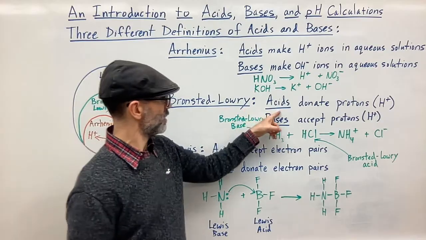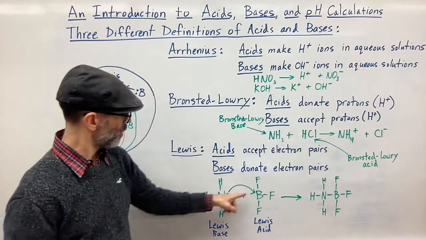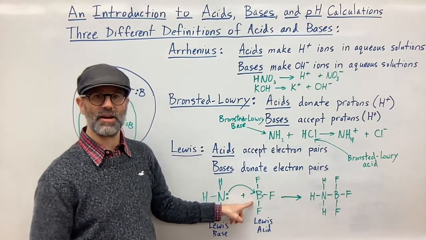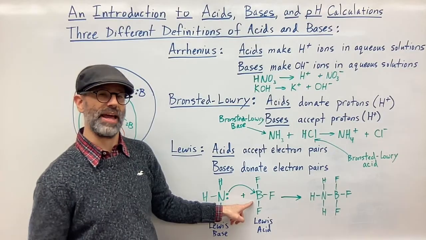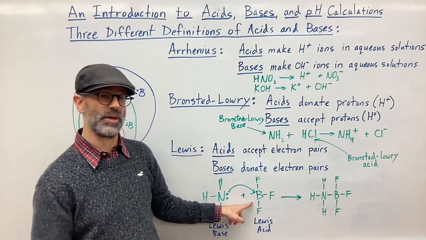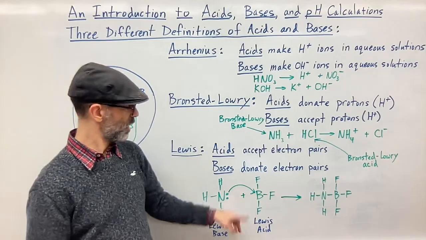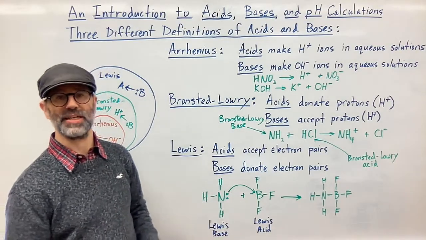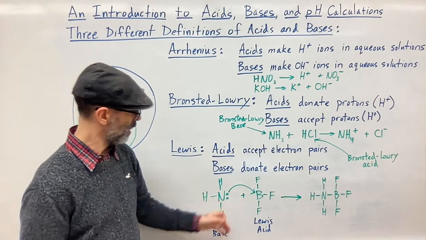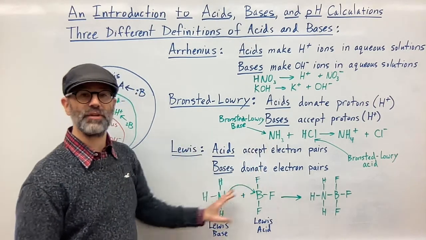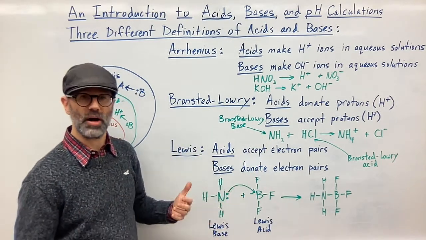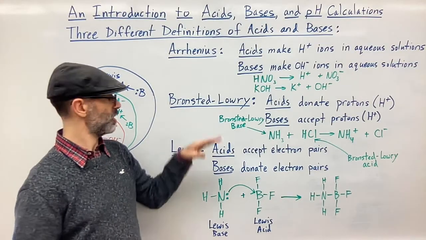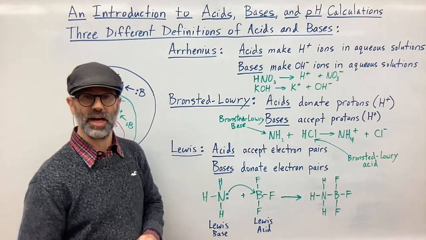Here, an acid donates protons, but BF3 doesn't have a proton or an H plus to donate, so it can't be an acid according to that definition. But according to the Lewis definition, it is an acid because it will accept an electron pair. So these definitions are even more broad than the definition of the Bronsted-Lowry type.